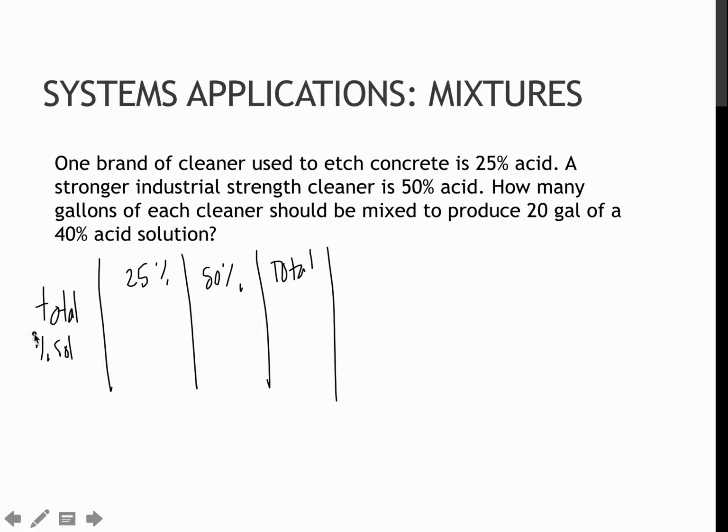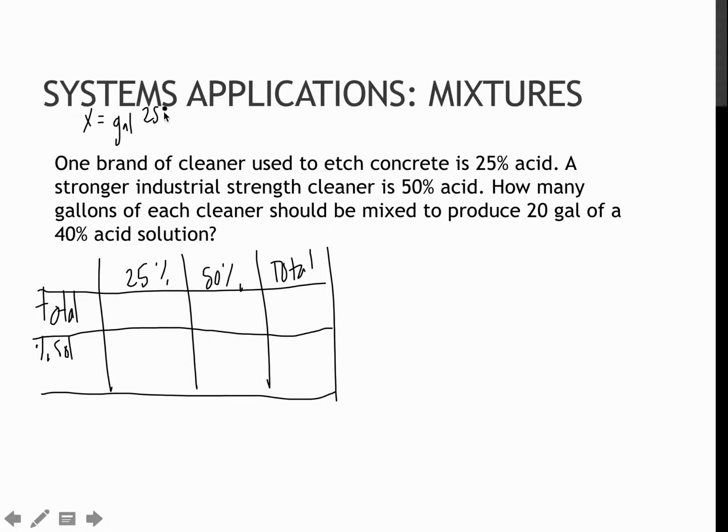So before I start filling in the table that is going to help me create my equations, it's important that we always identify what our variables will stand for. So I'm going to say X is equal to the gallons of the 25% solution, and Y is equal to the gallons of 50% solution. Sorry about the bad handwriting.